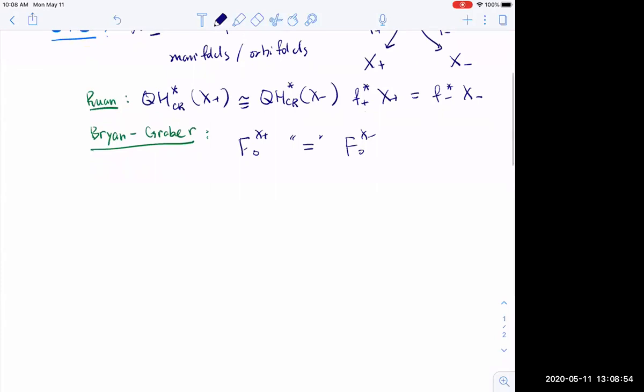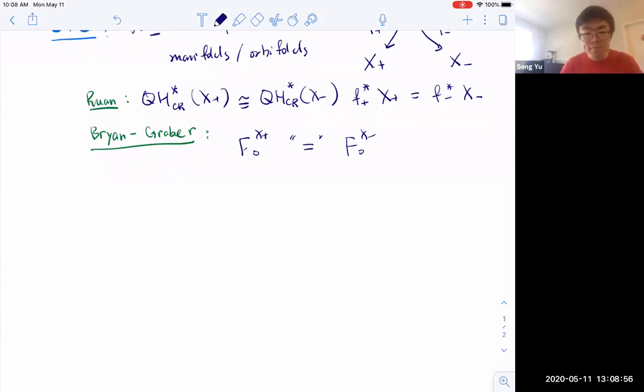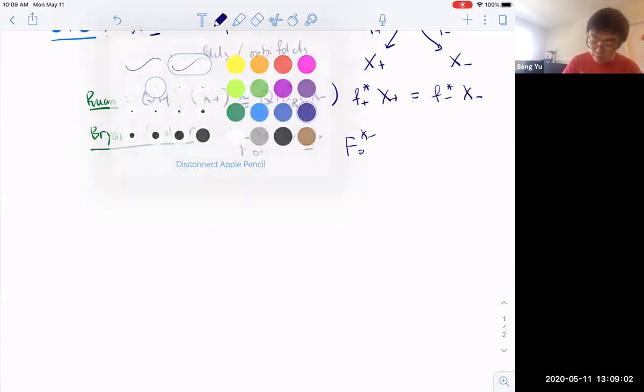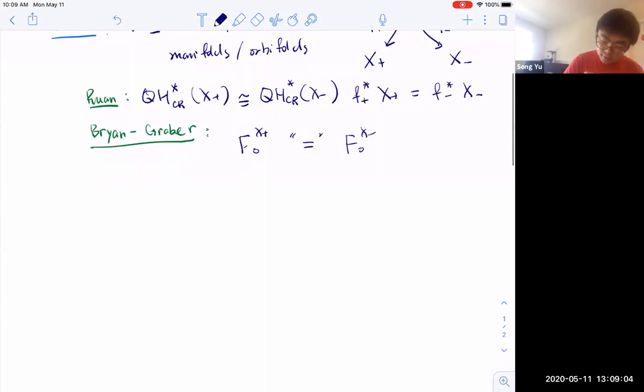Here I put a quotation mark for the equality, and some of you may guess why, because several things go into this identification. First, we need to have a linear isomorphism on the cohomologies.